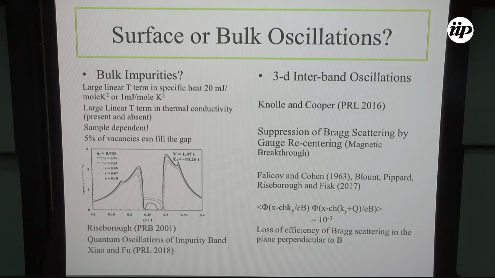Falikov and Cohen just said there was a possibility of going between the two limits, but the work was actually formalized in this sense by Blount and Pippard, and more recently interpreted by us, which says if these overlaps are very small, usually of the order of 10 to the minus 3, if you just calculate the efficiency of Bragg scattering, a very small field can actually kill the gaps at the zone, or reduce them to values which are insignificant, the gaps at the Brillouin zone boundary in the direction perpendicular to the field.